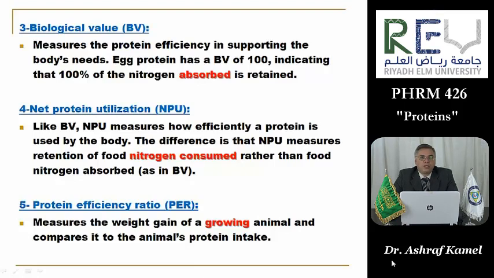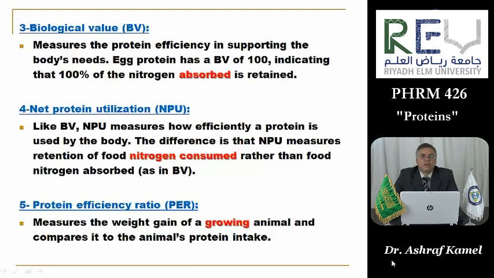The net protein utilization, NPU, like the biological value, measures how efficiently a protein is used by the body. The difference is that the net protein utilization measures the retention of food nitrogen consumed rather than the food nitrogen absorbed, which is what is measured in the biological value.